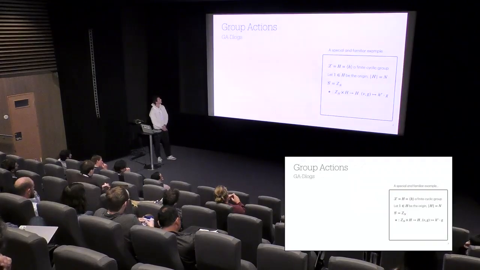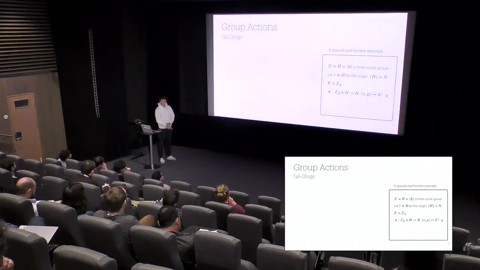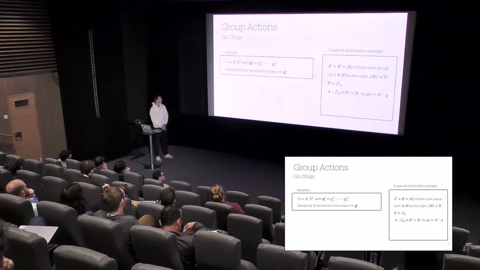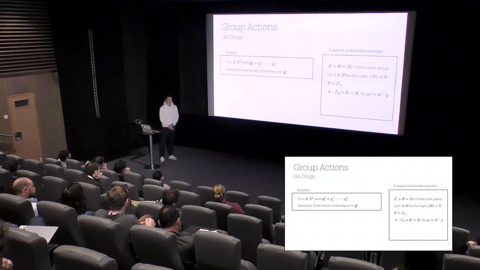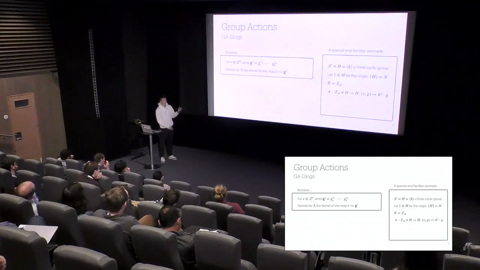Okay. Now I want to tell you a bit more about my definition of GAD logs, which is essentially vectorization from the previous talk. And to do that, I need some notation. So for an integer vector v, I'm going to write bold g to the v, just the product of the gi's to the vi's. And I want to remind you that the gi's are the generators of the group. And I'm going to denote by big lambda the kernel of the map that sends an integer vector to bold g to the v.